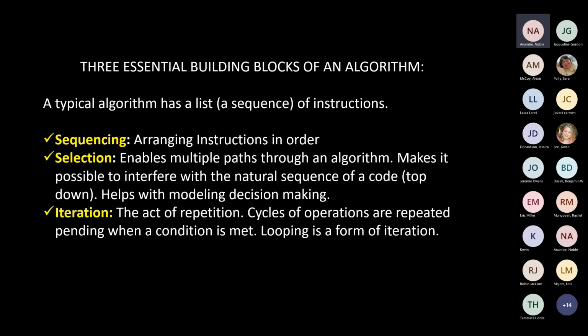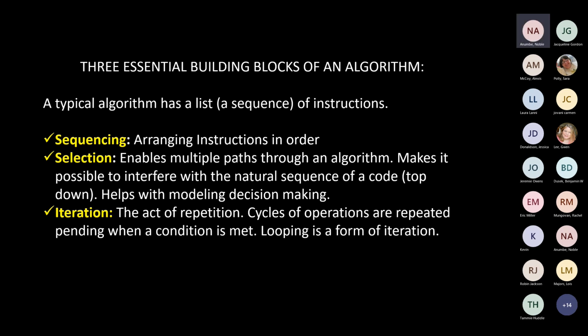But then the 3 key building blocks of every algorithm is sequencing, which is literally the arrangement of the instructions, right? Now, I'm going to show us an example with what you have on your GPS or Google Map. And you see how important arranging these things in the right order helps you get to your destination.